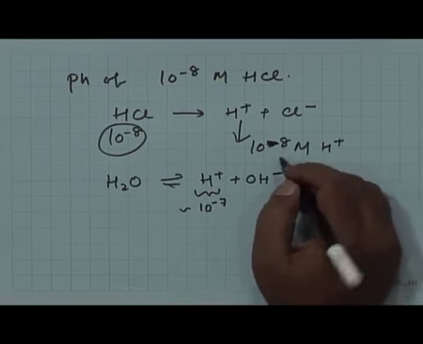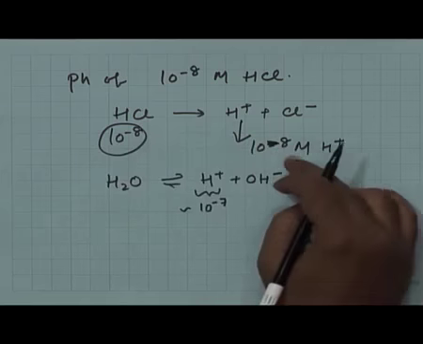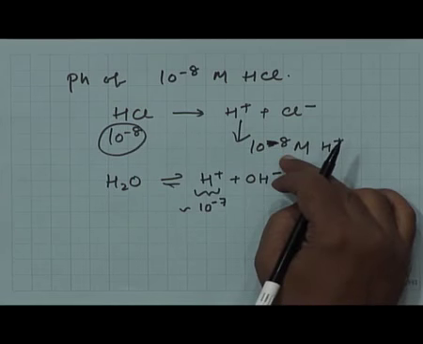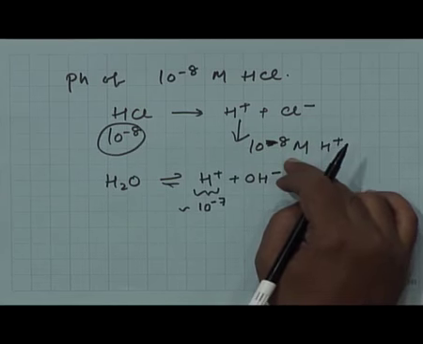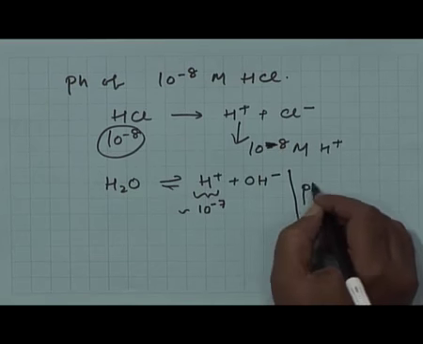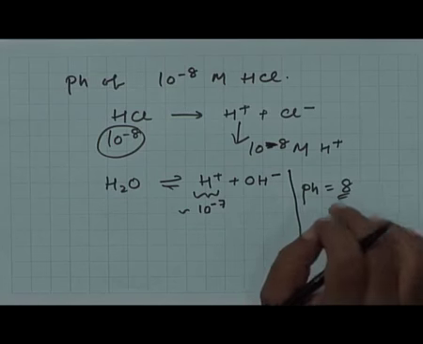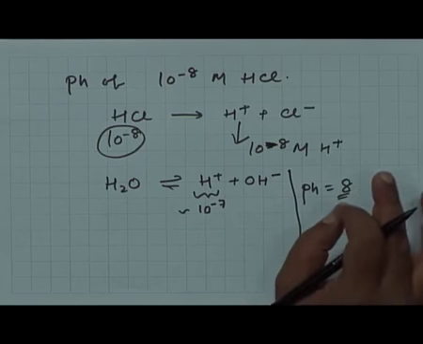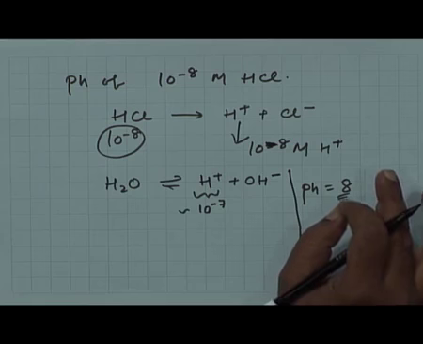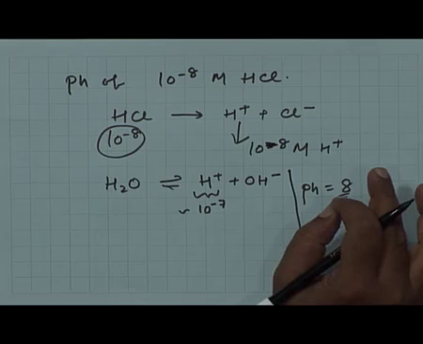You see, if we had neglected H2O, then what would we get for the H+ ion? 10 to the power minus 8 molar. And if we calculate pH, then it will be equal to 8, which is not right. pH equal to 8 is not right.